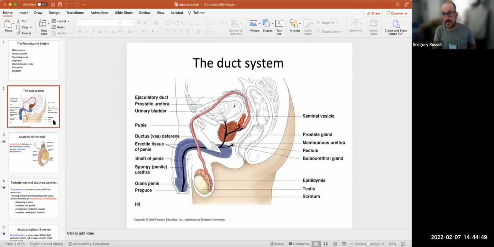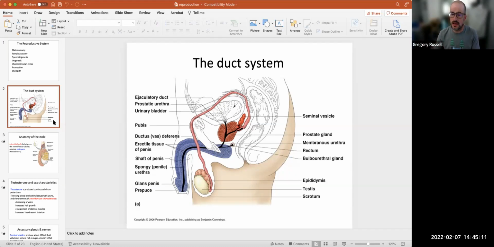With both the male and the female reproductive systems, we are focused on moving the reproductive cells, either the sperm or the eggs, these are the gametes, out of the body. So in both of our reproductive systems, that's going to be the goal.